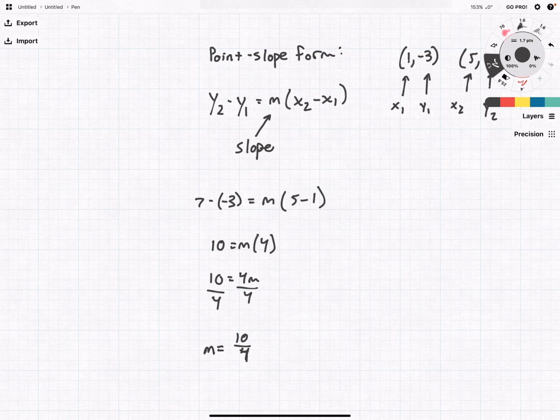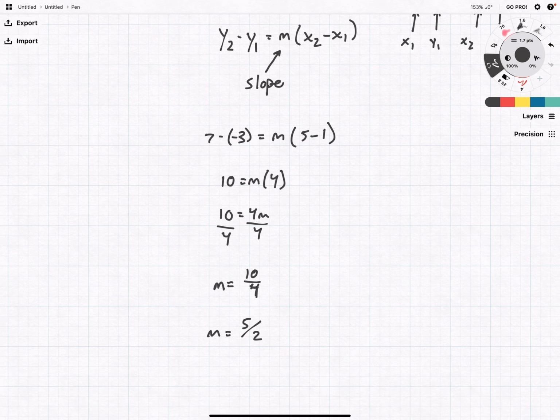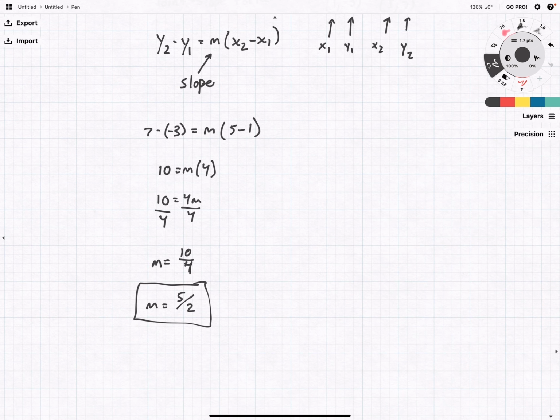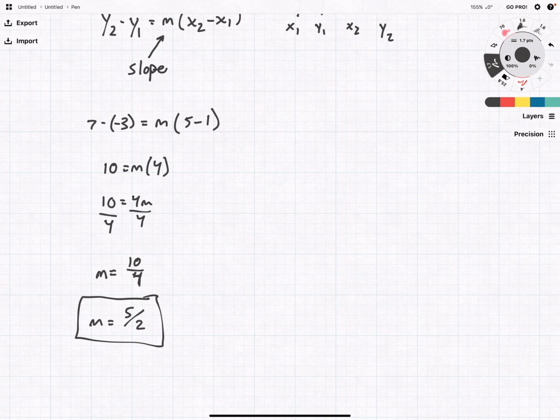And when we simplify that slope, we end up getting our final answer that m equals 5 halves. Now, we're not entirely done with the problem yet because we still need to find our equation for the formula and then graph it. Well, actually, no, we don't have to graph it. We just have to find the expression for the function. So that's nice, actually.